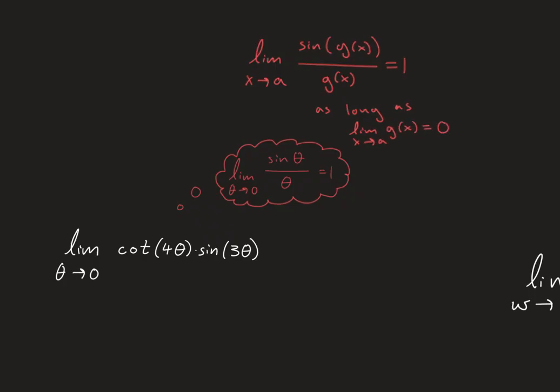All right. So if this thing inside of the sine is the same as the thing in the denominator and they both go to 0 as we take this limit, then we can be confident that that limit is going to be 1.